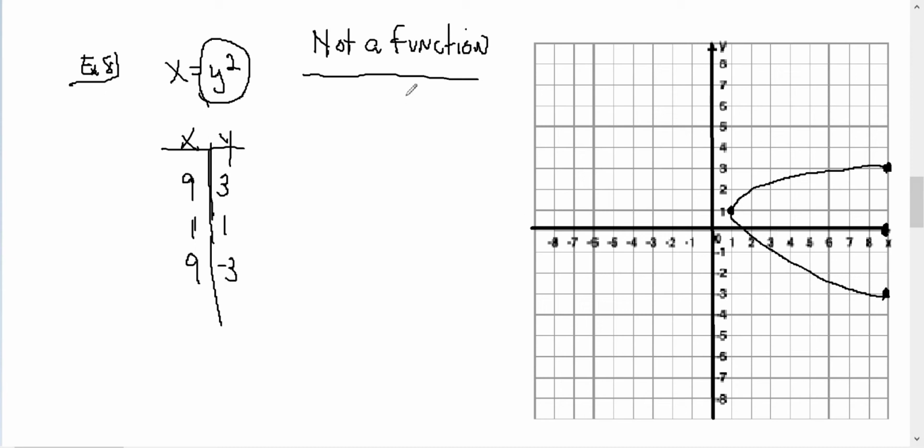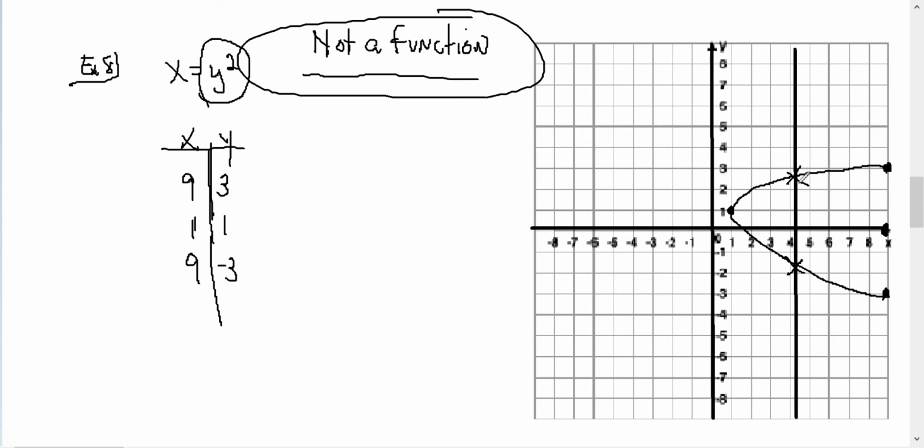If I can draw a line on the graph and it intersects the graph at more than one point, like here it's intersecting the graph here and here and here and here, that means it fails the vertical line test, and it also indicates it is not a function. It can only be a function if the vertical line passes through the graph at only one point. It cannot hit more than one point anywhere on the graph.